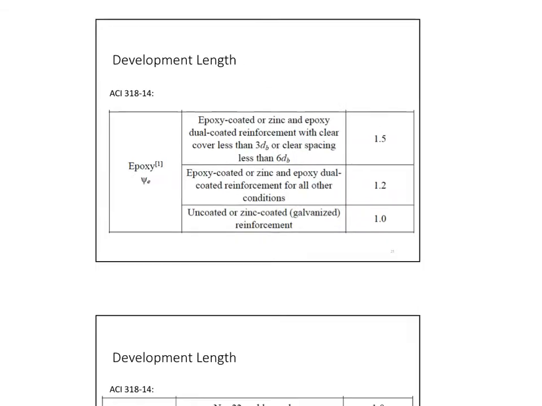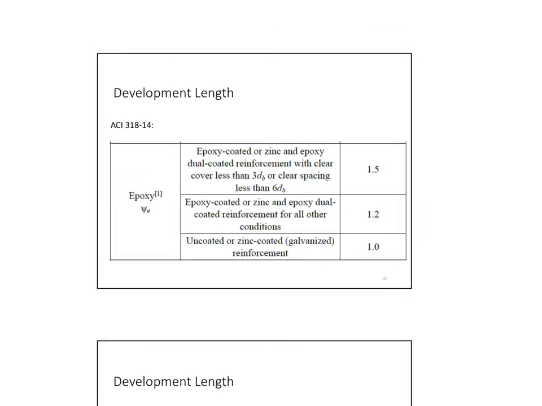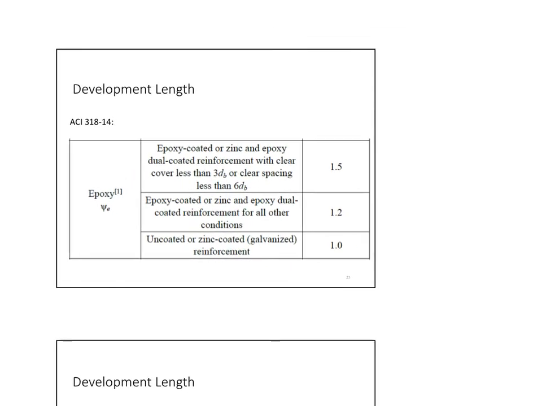Next factor is psi e. What is this? It has to do with coating the bar. If I want to protect my bars, one of the ways to protect them is to have epoxy coating. Those epoxy coatings reduce the bond between the bar and the concrete. In this case, if it is uncoated or just galvanized, which keeps the same texture as regular steel, then it's 1.